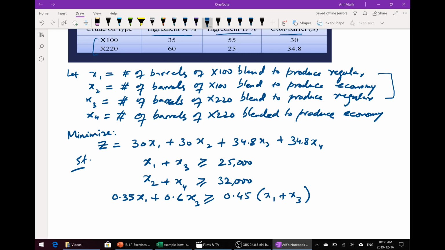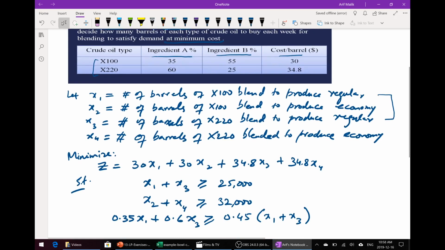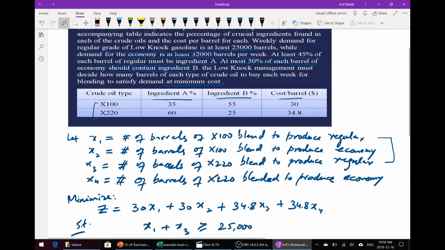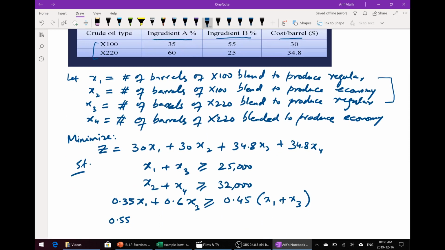And then another constraint is that at most 50% of each barrel of economy should contain ingredient B. The ingredient B is 0.55, okay, in the economy, which is X2 and X4.